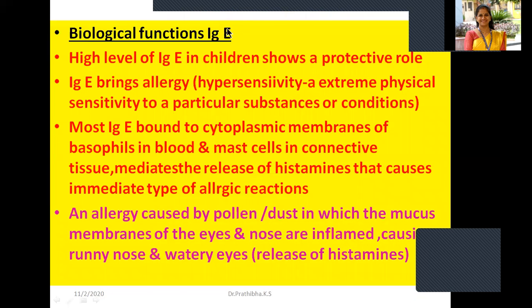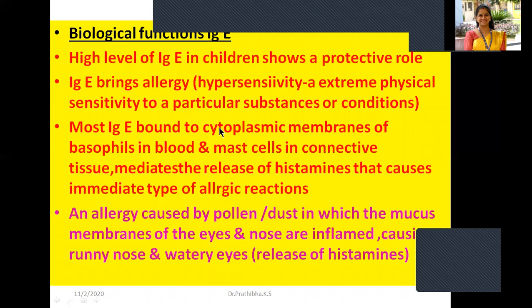Now let us go through the biological functions of IgE. High level of IgE in children shows a protective role, which fights against all that kind of allergies. IgE brings allergy, that hypersensitivity, that is extreme physical sensitivity to particular substances or conditions.